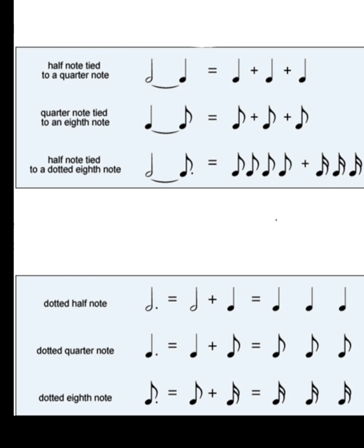So we are dividing into 3 halves. It is called the dotted crotchet. Next is the dotted eighth note or dotted quaver, which has three quarter beats. So we are using crotchet plus semiquaver, 1 plus quarter. We are dividing into 3 quarters.